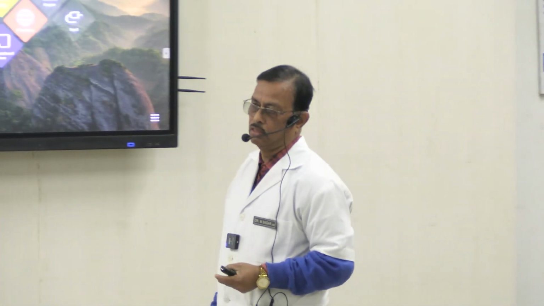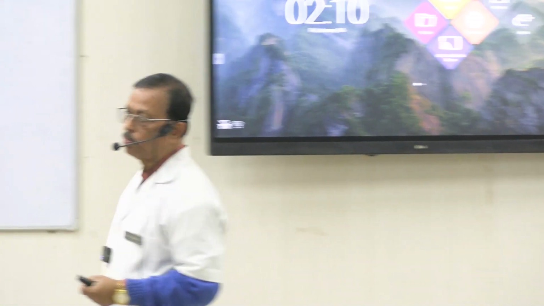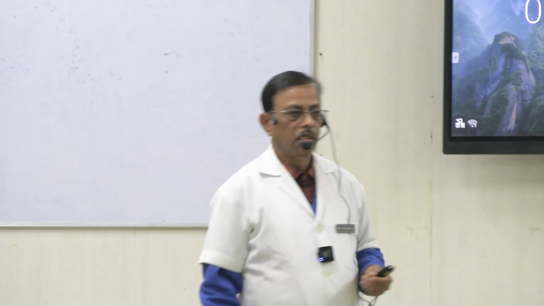These reducing equivalents are oxidized in electron transport chain. In electron transport chain, during the time of oxidation, there is generation of proton gradient. So up to this much we have seen.